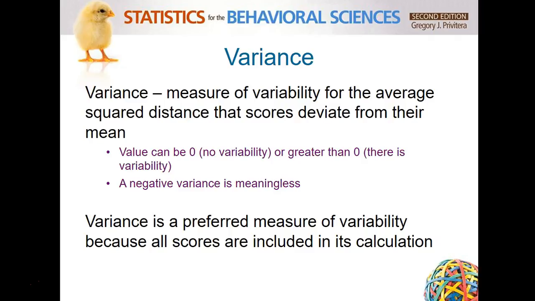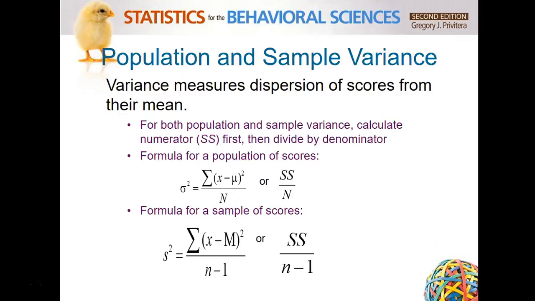Variance is the preferred measure of variability because, again, all the scores are included in the calculation. Now, remember, these formulas are really for information only. If your mind works that way and you want to see the formula for how you're finding a population of scores and a sample of scores, this is what you would use.